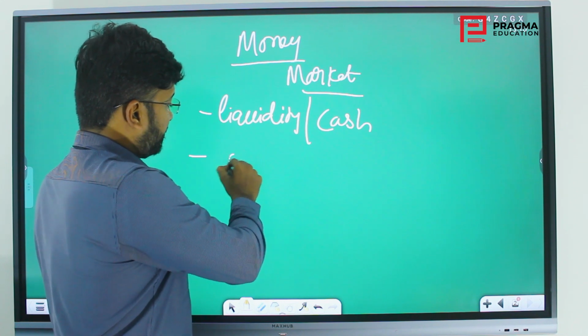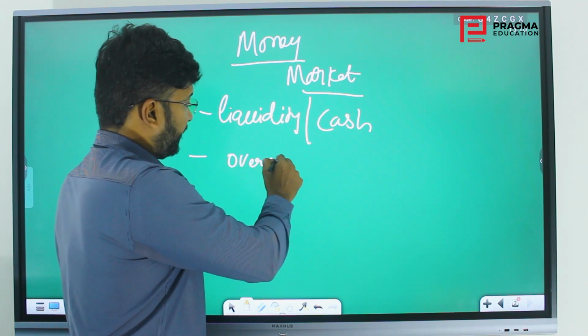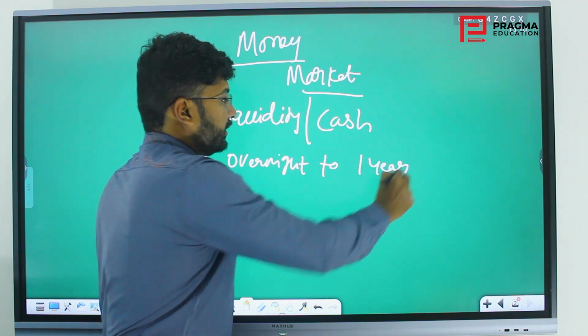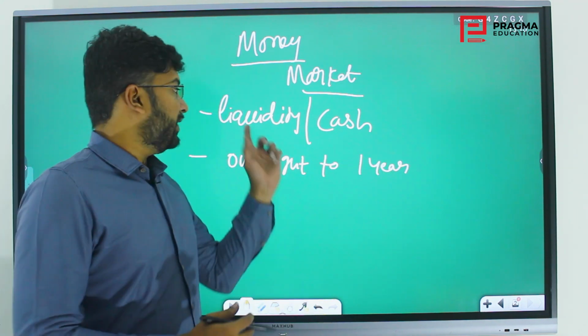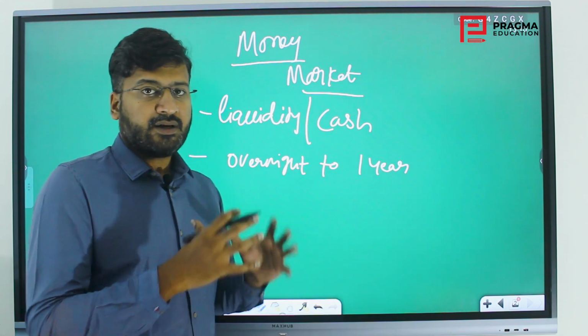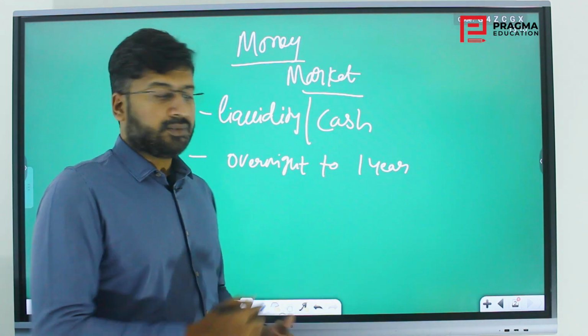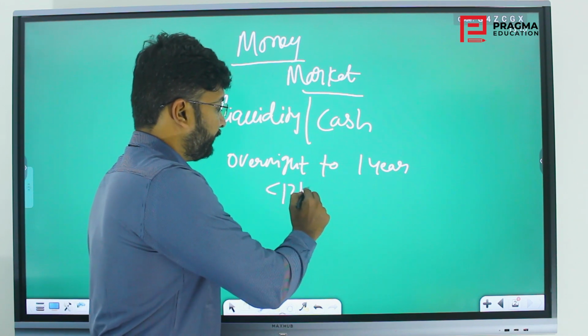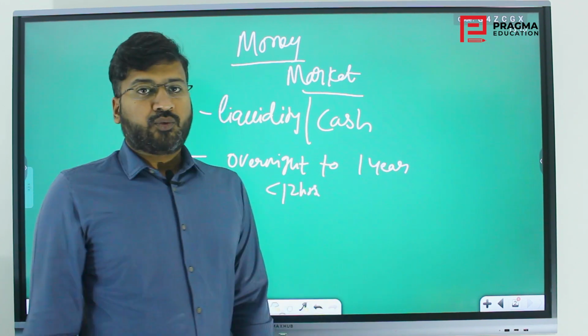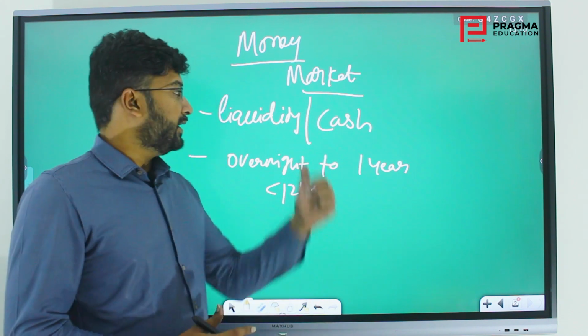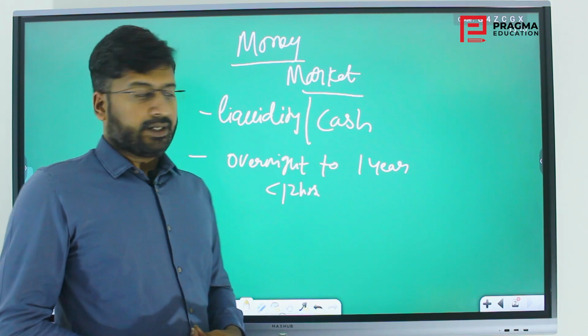Next, it is generally from overnight to 1 year. The lending and borrowing of liquidity or cash or money in the financial markets, which happens from overnight, that is from less than 12 hours, up to 1 year, can be categorized under money market, that is the liquidity market.